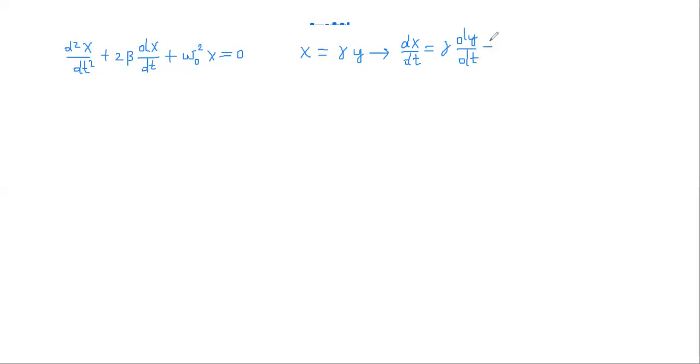plus d gamma by dt times y. This is the first derivative. What about the second derivative?